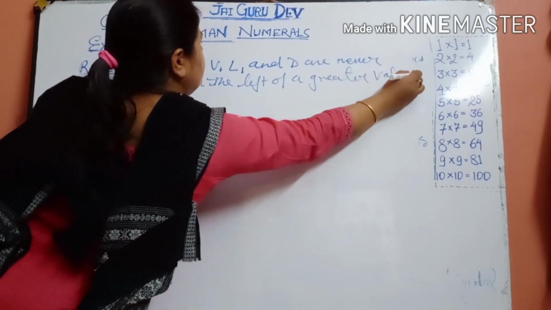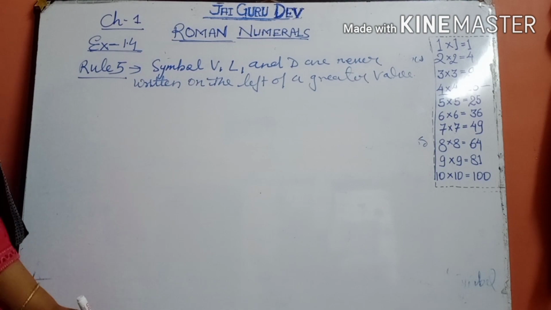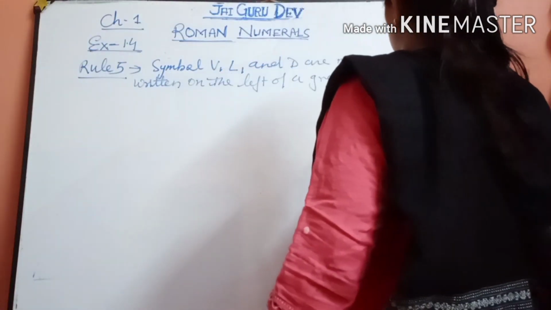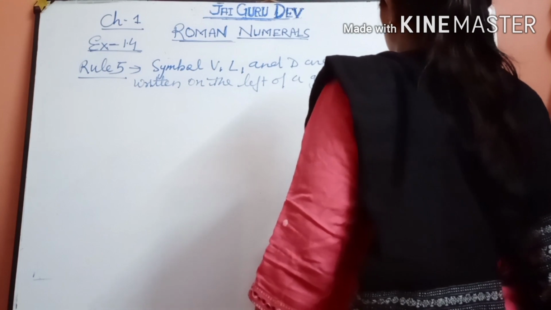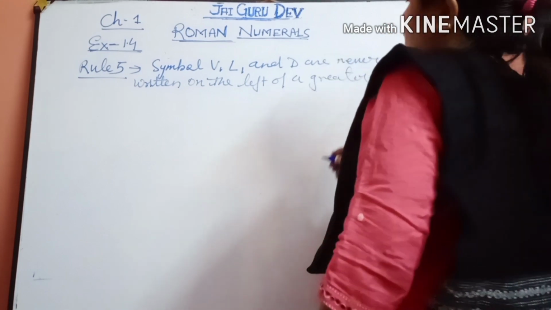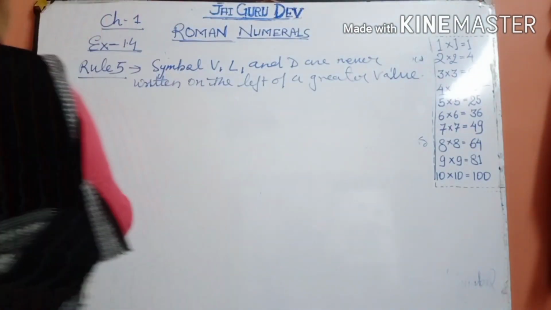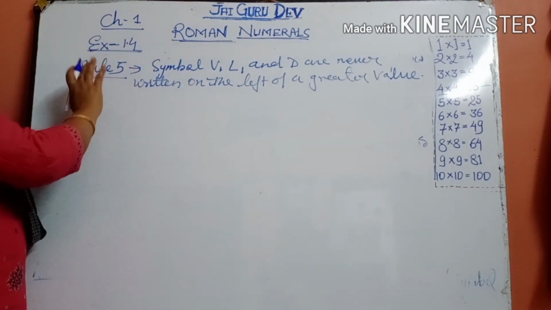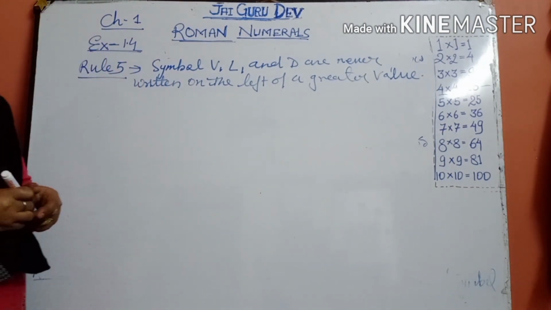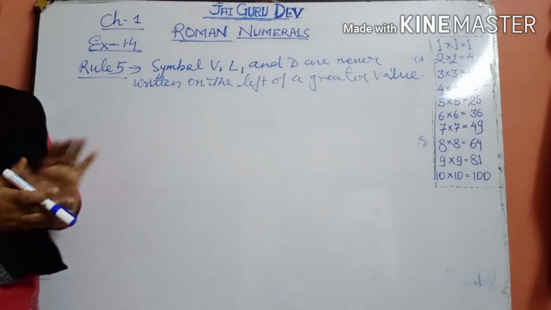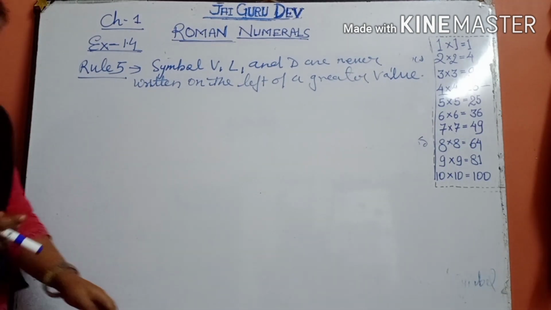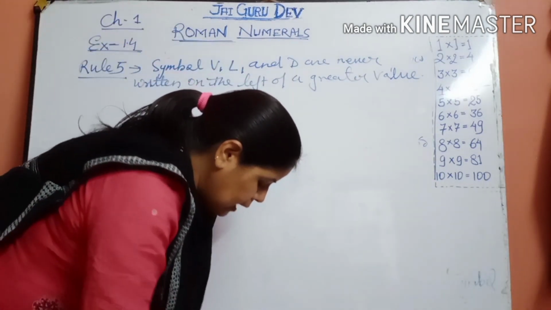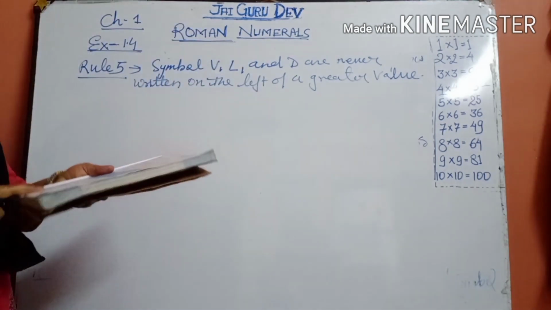You have seen that whenever we use these symbols, they are never written on the left side. These are the 5 rules. If we apply them, then we can easily solve the problems which are based on Roman numerals. Now I am going to do the question.